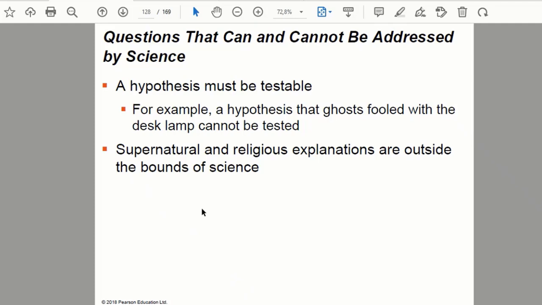If we are asking why the lamp is not working, the first observation was that it either is not screwed properly or it is bent. But if somebody came and said, oh, it is the ghost, that cannot be tested, or that could be described as superstitious or supernatural or religious explanations, outside the bounds of science, which cannot be tested.